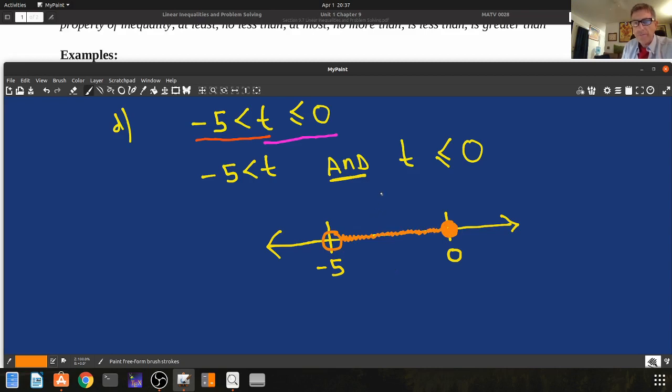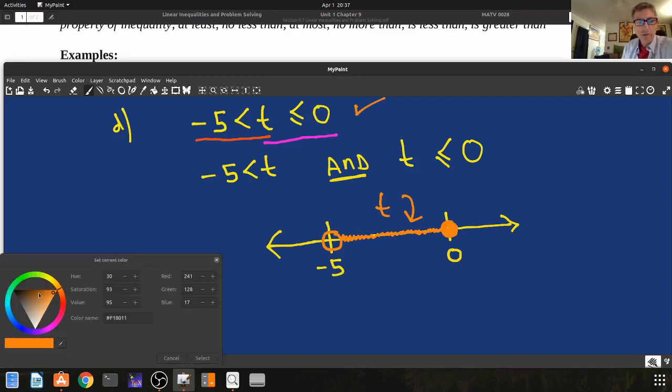So if t lives in this area, that means t is greater than minus 5, but less than or equal to 0. So all of these numbers that I'm indicating graphically by shading them in make this a true equation.